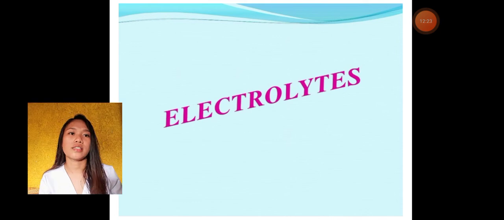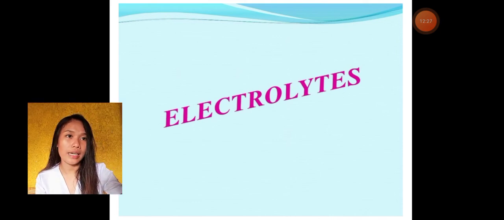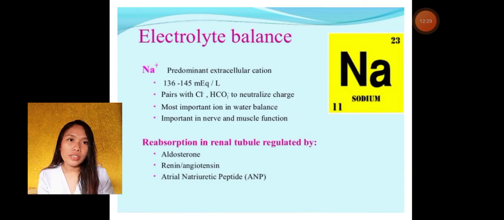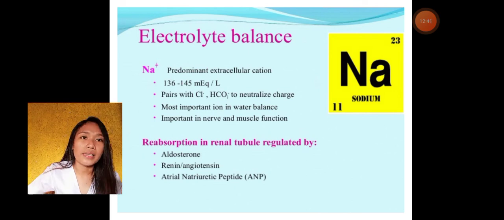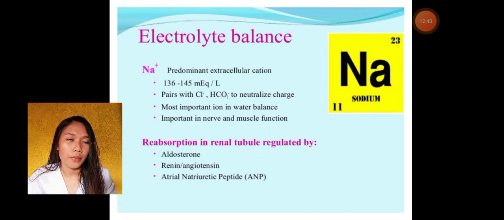So, next we're going to tackle electrolytes. Electrolyte balance: Na, or sodium, the predominant extracellular cation, 136 to 145 milliequivalents per liter, pairs with chloride and bicarbonate to neutralize charge.